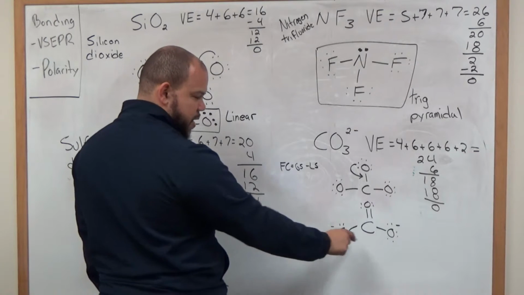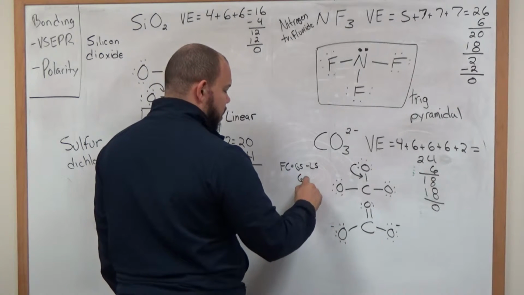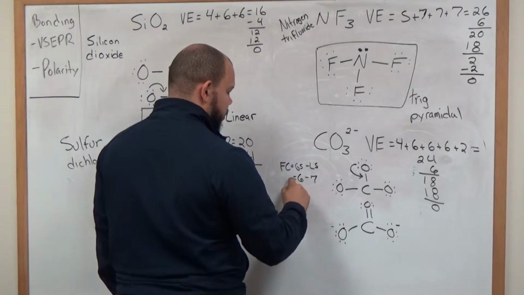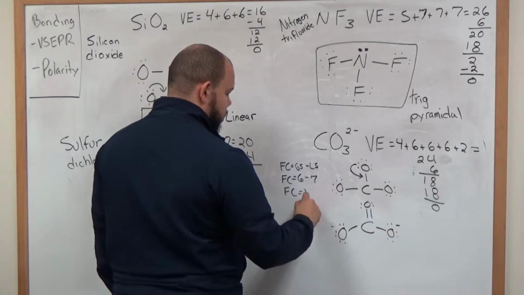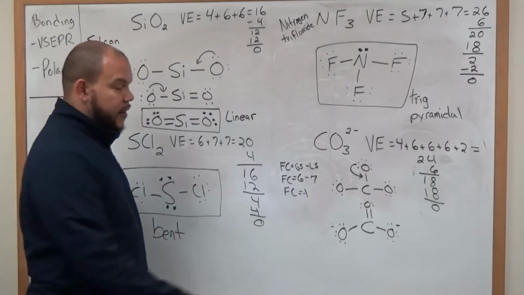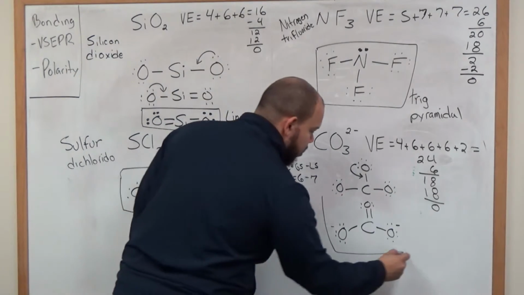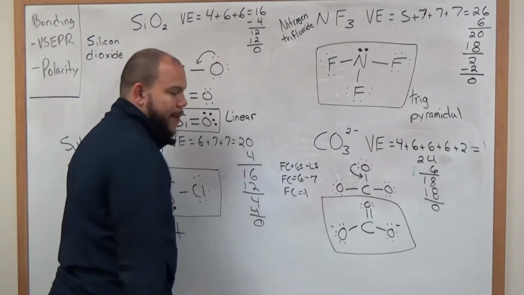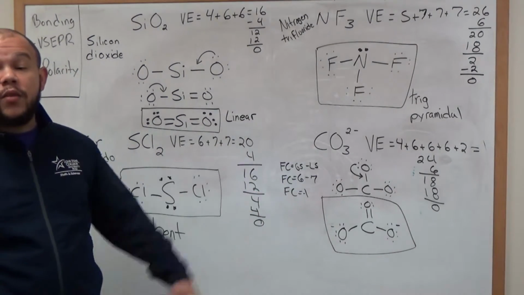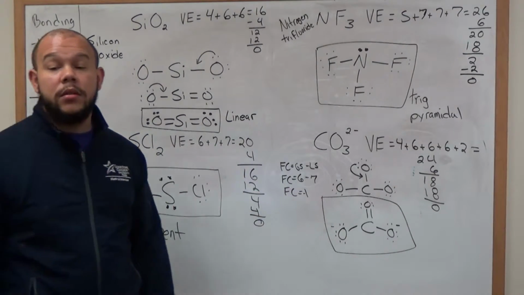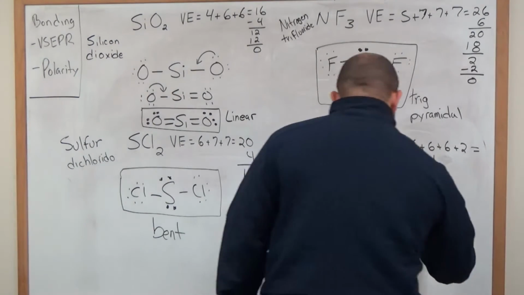And for these 2 particular oxygens, the ground state is 6, but the Lewis structure gives us 7. So therefore, our formal charge is equal to -1. And that's where these charges come from. This is the complete Lewis structure for carbonate. And if we look at our VSEPR chart, 3 things around a central atom without any lone pairs is trigonal planar.